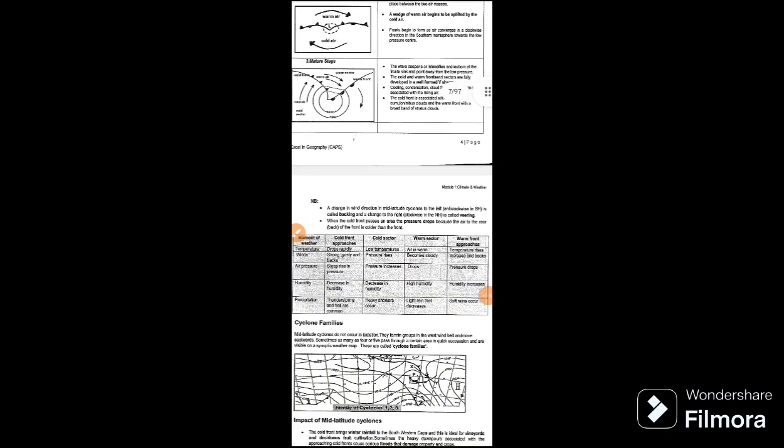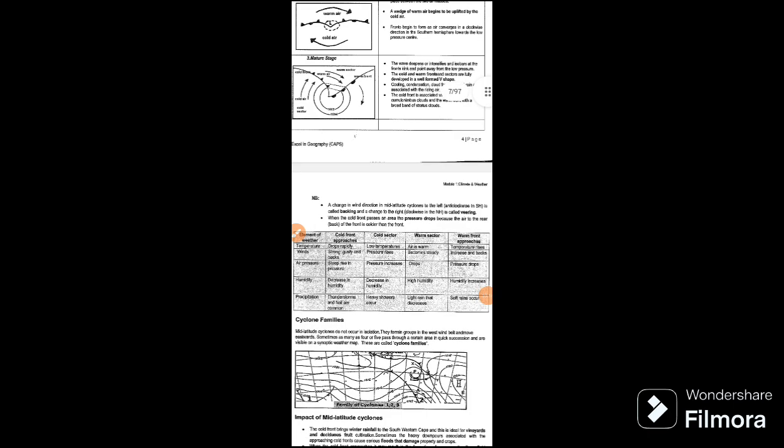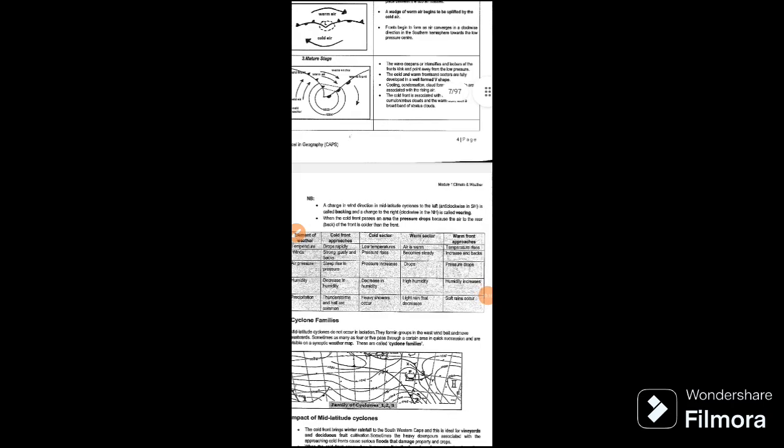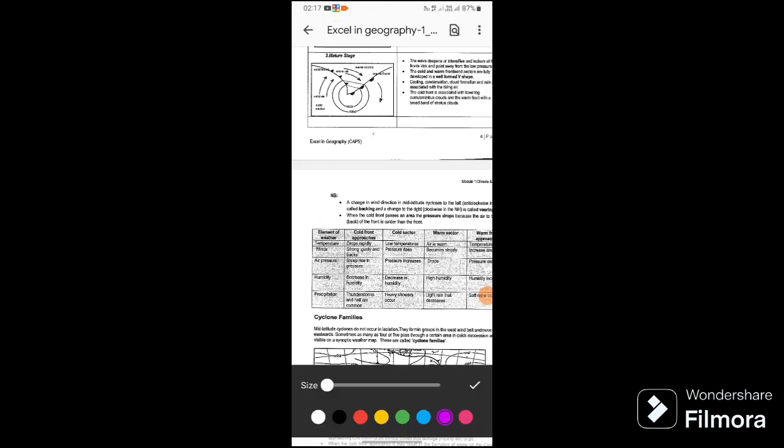You need also to know the conditions and the weather elements when the mid-latitude cyclone or cold front approaches. So when the cold front approaches the land, this is our land.